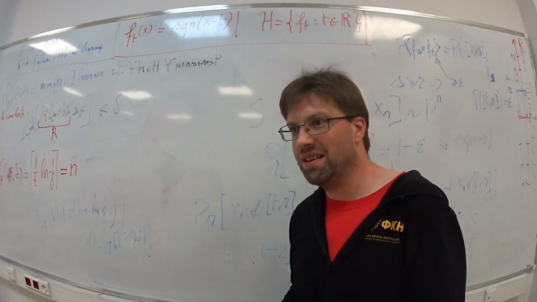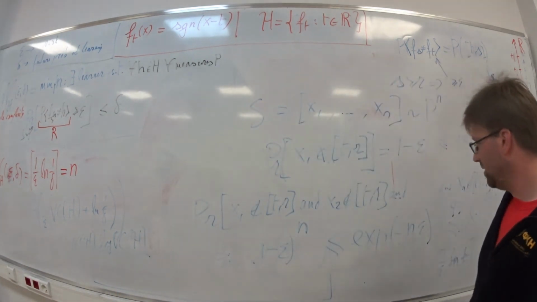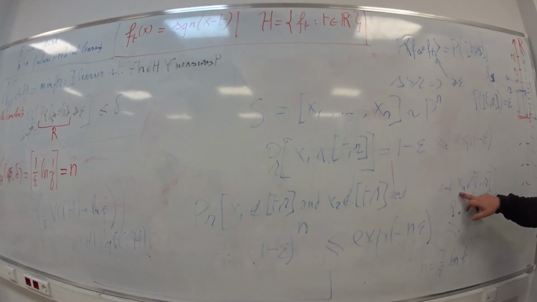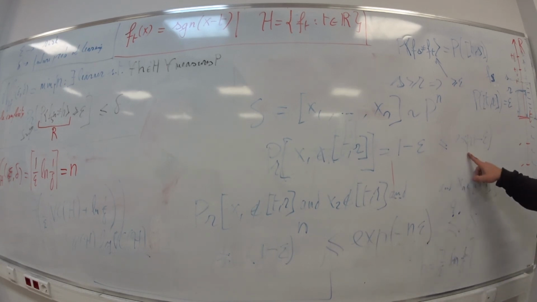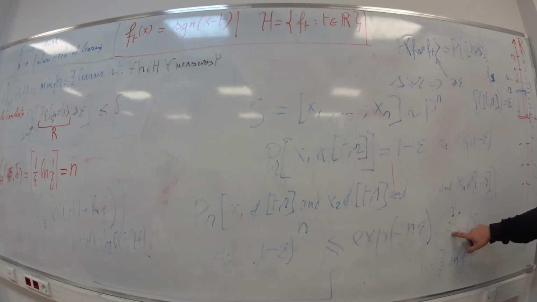Okay. Why did we use this inequality for the exponent? We can derive n from the previous one. We have the inequality 1 minus epsilon to the power n is less than delta. So why is it true?